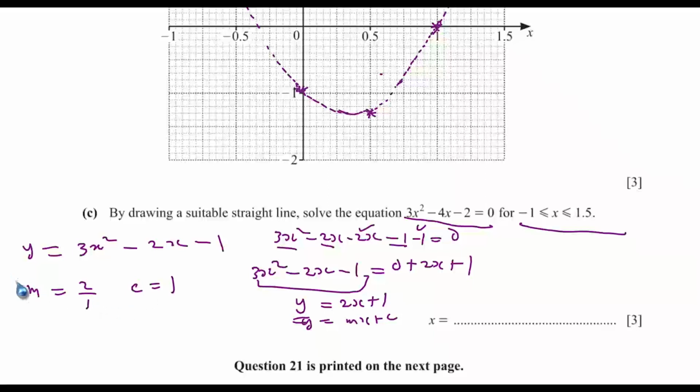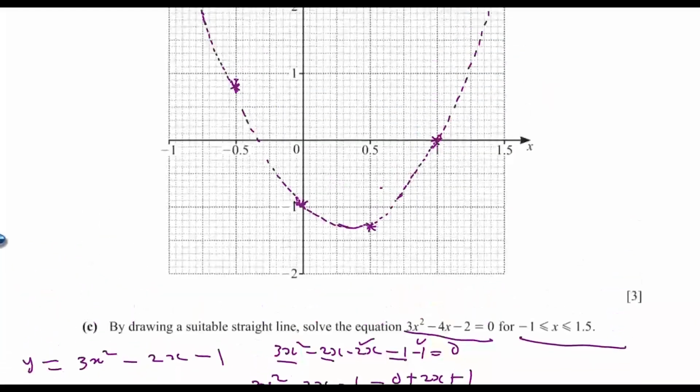So we start from the intercept on the y-axis, where x equals 0 and y equals 1. Then we move forward 1 and go up 2. That is the gradient.